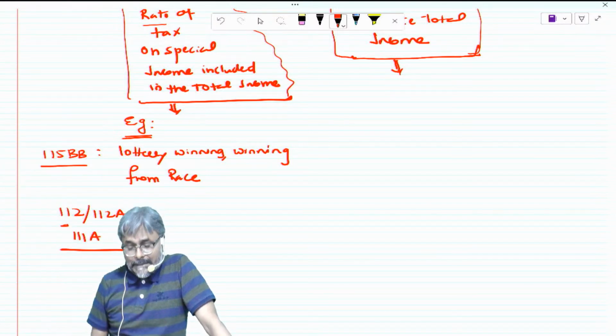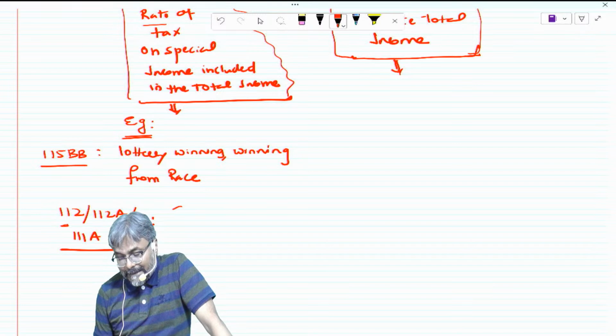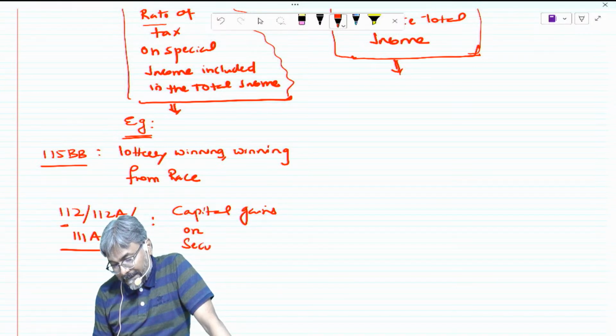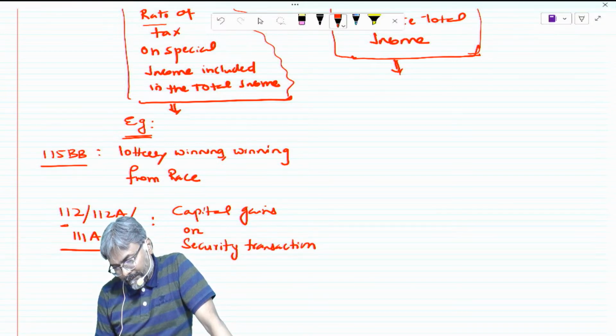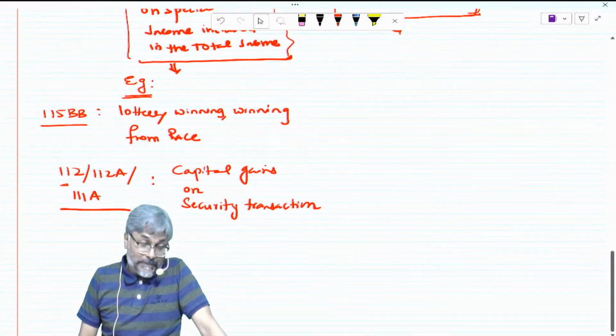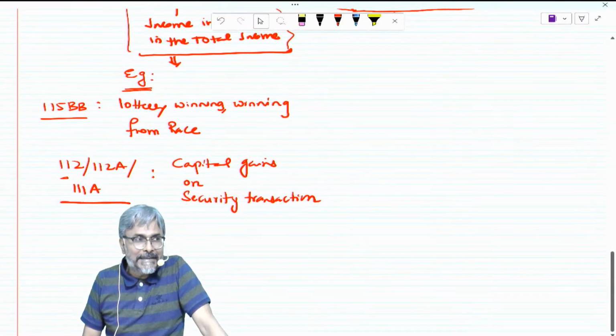Right now you write here: capital gains on securities transaction. What is the capital gain? Excitement is there, right, to know. So what is the rate?